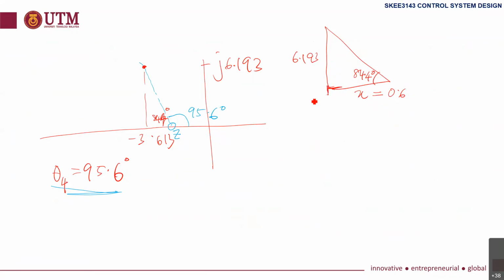Here we know is minus 3.613, so here should be minus 3. So the location of Z here is minus 3. Please, if you could not understand, redo it at home. Z here is minus 3.